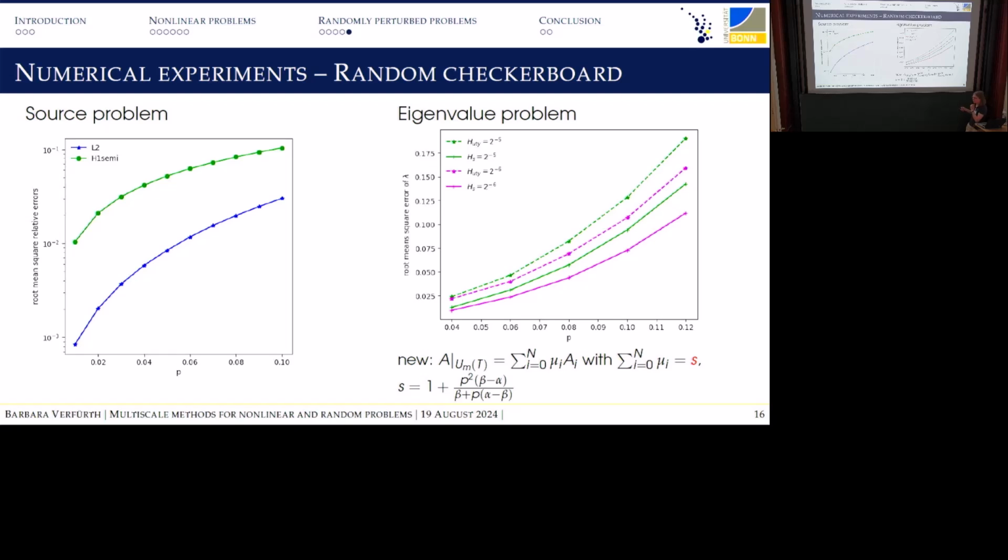And what I would like to draw your attention to here is comparing, in the same color, the dashed and the solid lines, because there's another twist that we came up with recently. The dashed lines correspond to what I presented before, and the solid lines, you see, have lower errors. They correspond to constructing these coefficients mu_i in a slightly different manner, which is possible in this random checkerboard setting.